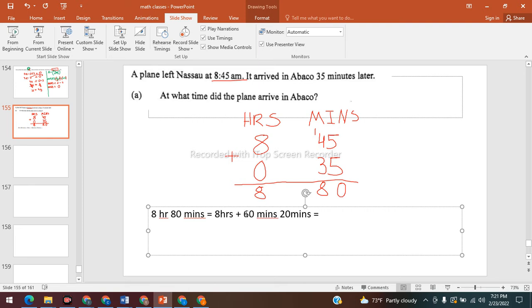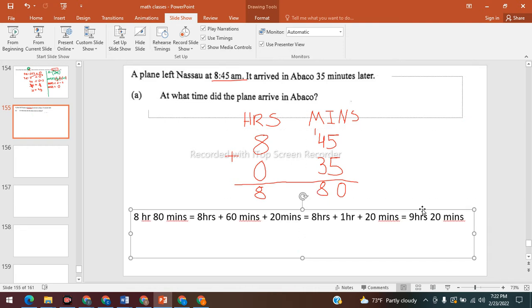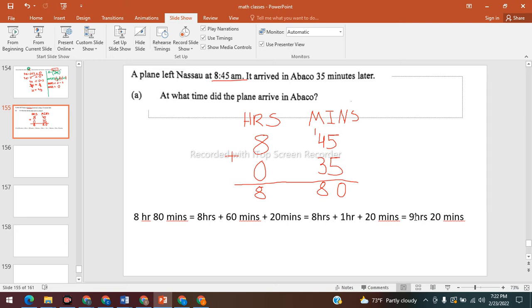And we know that 60 minutes is 1 hour. So it's going to be 8 hours plus an hour plus 20 minutes, which equals 9 hours and 20 minutes. Alright, so that's how we do that.